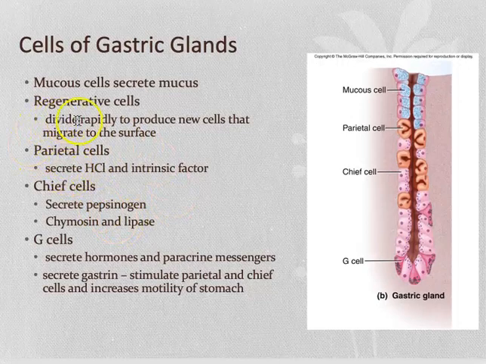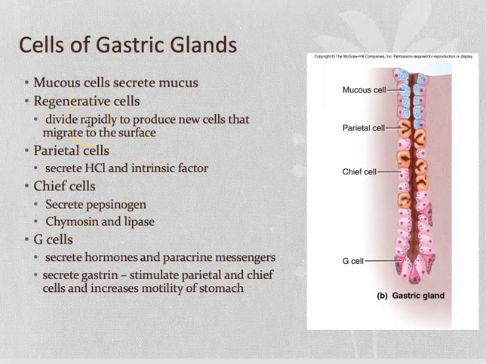There are also some dividing cells that help replace any cells that are lost. And then there are something called G cells. We'll talk a little bit more about these in a few slides. So these are secreting hormones and paracrine messengers. So these are messengers that are affecting cells nearby. They're also going to secrete something called gastrin, and this gastrin is going to help stimulate parietal and chief cells, as well as increase the movement or the motility of the stomach.